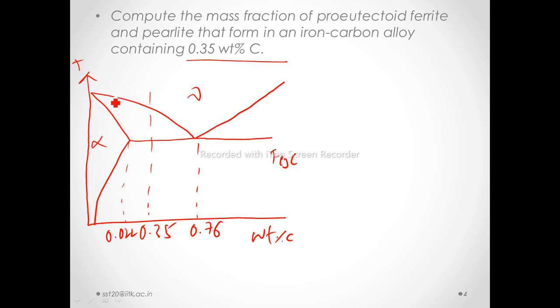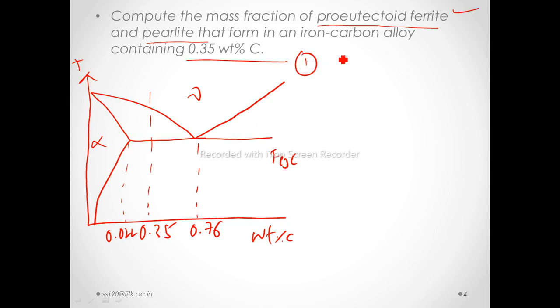From the given data, we need to calculate the weight fraction of proeutectoid ferrite as well as pearlite. The new concept here is the weight fraction of proeutectoid ferrite, because it is a hypoeutectoid alloy, there is formation of proeutectoid phase within the microstructure.